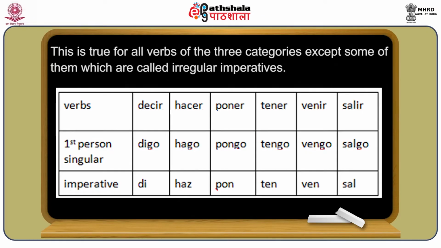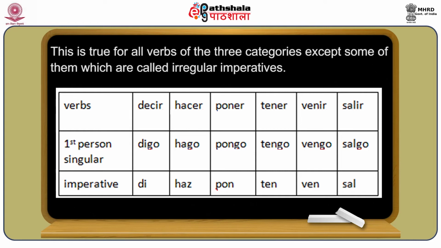Now this is true for all verbs of these three categories except some of them, which are called irregular imperatives. They mostly pertain to the group of yo-go verbs, that is verbs whose first person singular form ends in go. They lose their go and thus become imperative, except for the verb hacer.